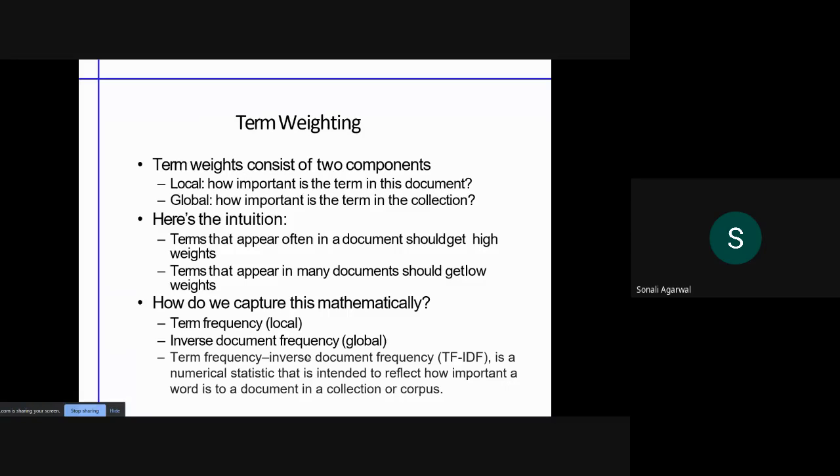Then there are a few more techniques, like term weighting. Term weighting is basically where we try to explore how important the term is in a document, and that can be at the local level, or at the global level, where we calculate the importance of the term in the overall collection.